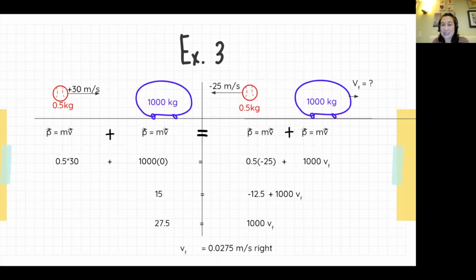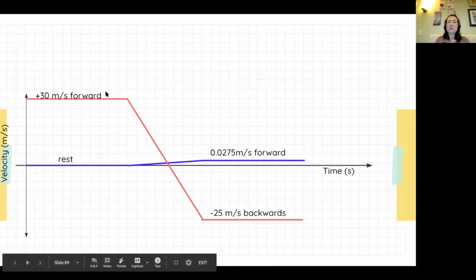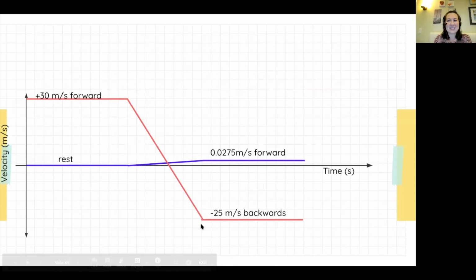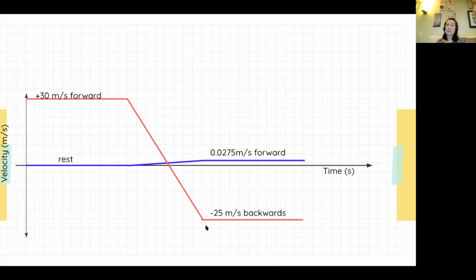How do we depict this in a velocity versus time graph? You probably aren't asking yourself. You depict it like this. The ball has much, much, much, much less mass. So the ball has this very large change in velocity. I obviously didn't draw this to scale. The ball has a very large change in velocity because the ball has less mass, less inertia.